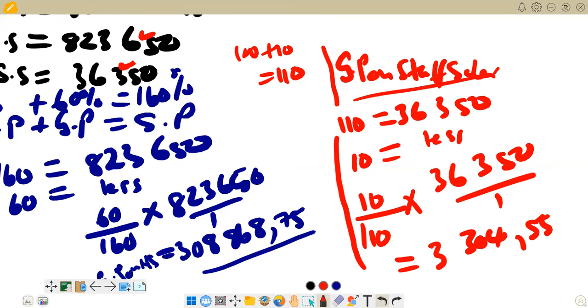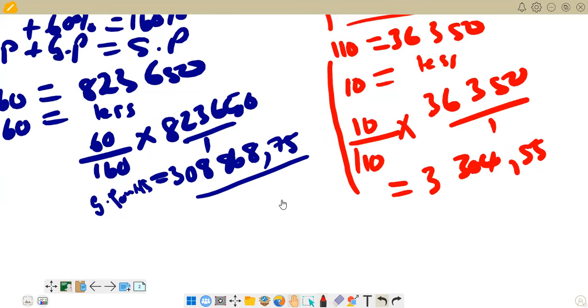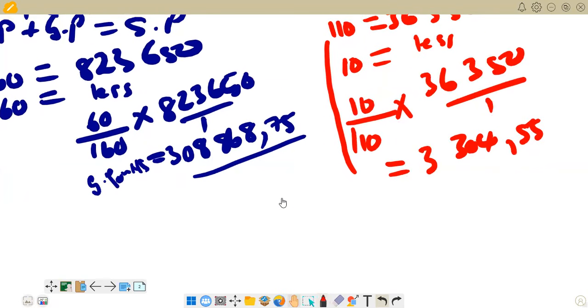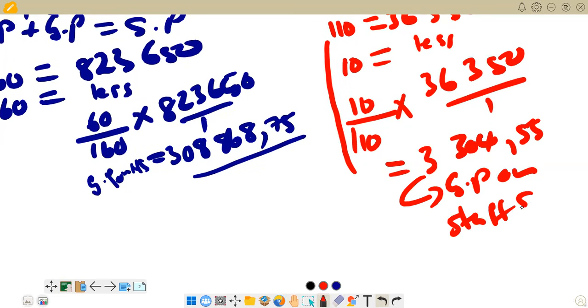Then having these two figures, we now have gross profit on normal sales, this one, and then gross profit on staff sales. So this one is gross profit on normal sales, and this one now represents gross profit on staff sales. So that's what we have.